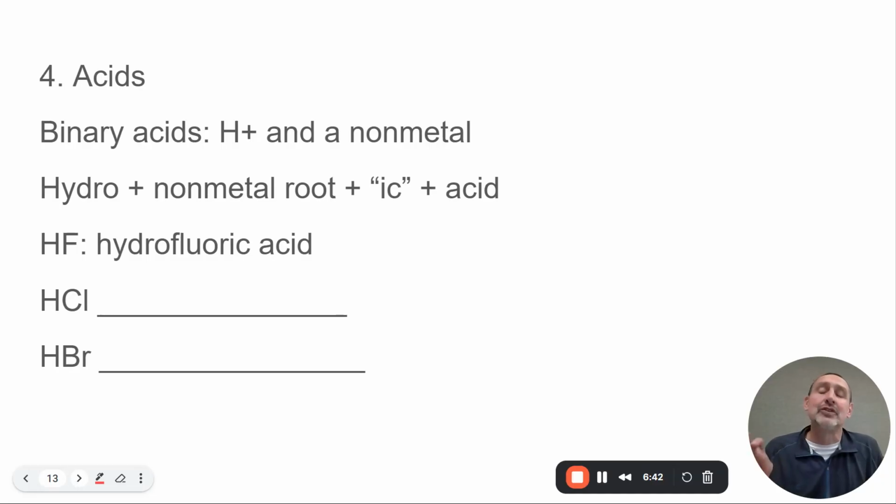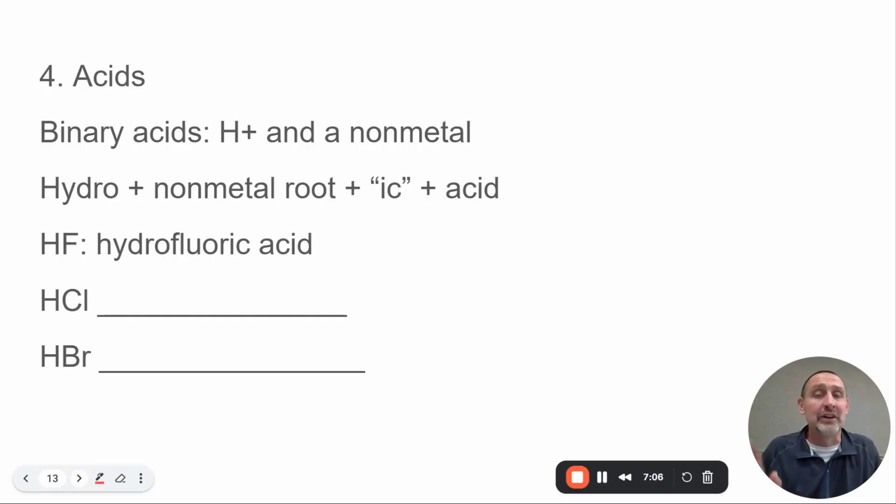For acids, those are going to be a hydrogen plus a nonmetal, if they're binary acids. So binary acids have this one configuration, hydrogen and a nonmetal. We're going to start that name with hydro to represent the hydrogen. We're going to have the nonmetal root, then the ic, and then we're going to say the word acid. So hydrofluoric, because that's fluorine.